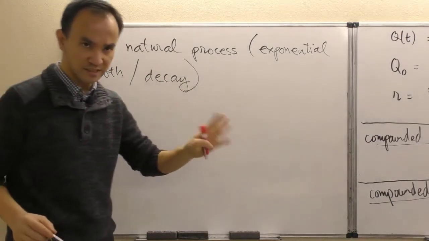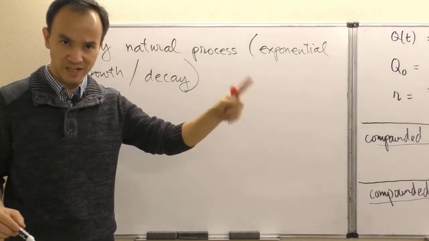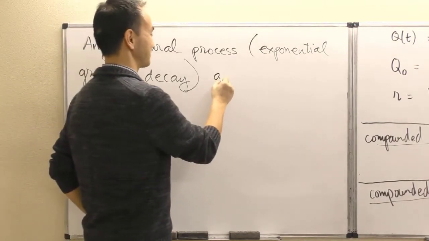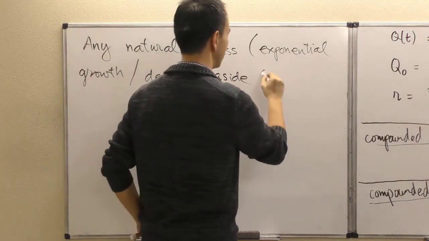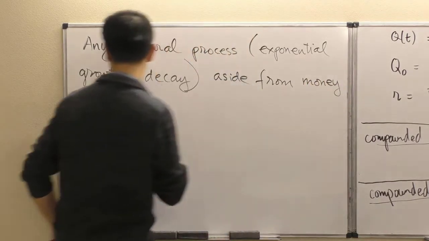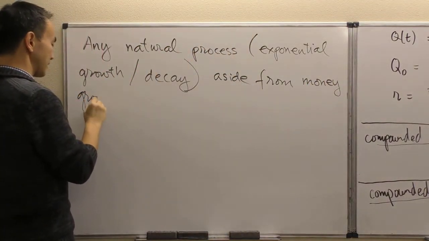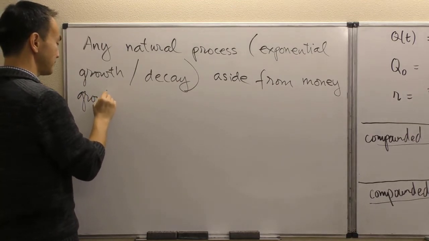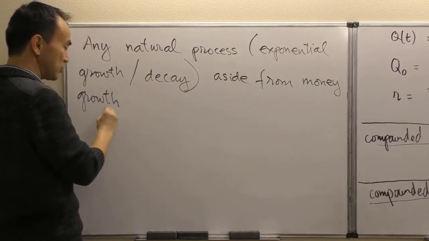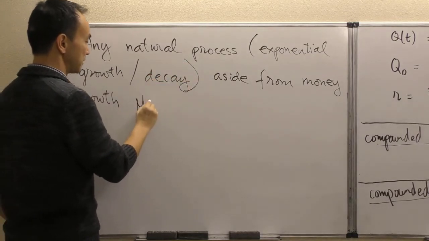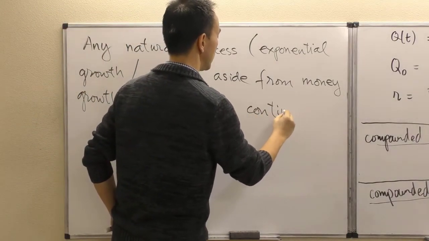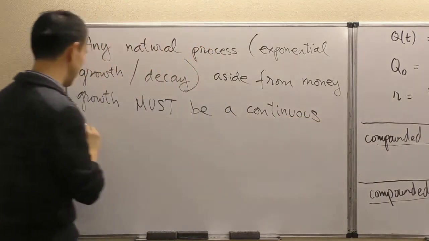Any of those natural processes, aside from the financial math problem, aside from money growing, sadly I have to say this, but aside from money growing, must be a continuous process.